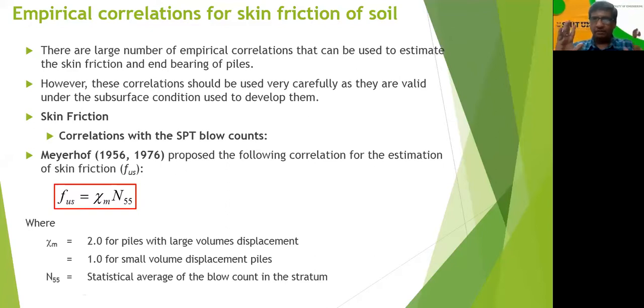So for driven precast piles, the factor is equal to 2. And for small volume displacement piles or replacement piles, we say this factor is equal to 1. But if you look at the CIDA guidelines, as nowadays people call it, it says the factor is equal to about 1.3. That is for both piles, right? We will see later how the measurements tally with the values given in the CIDA guidelines.